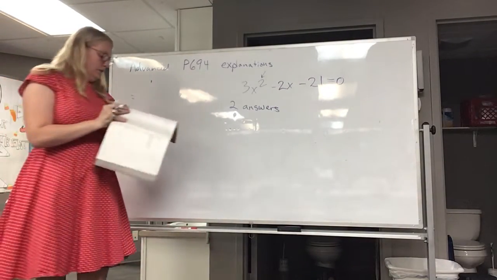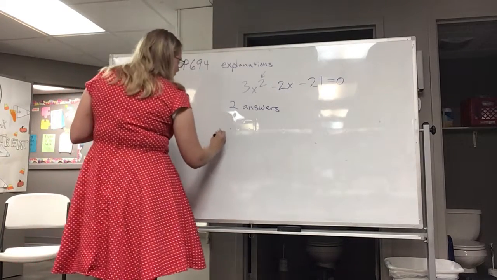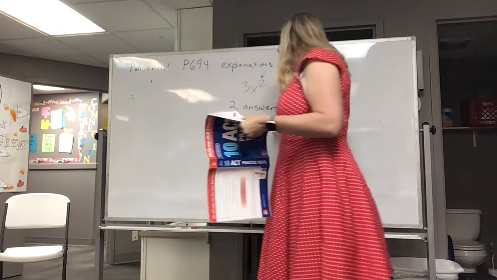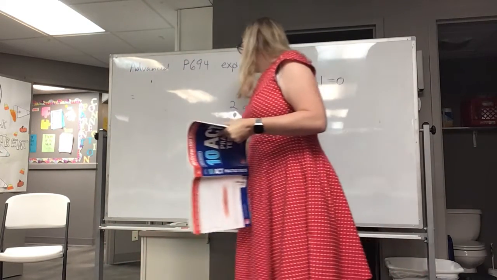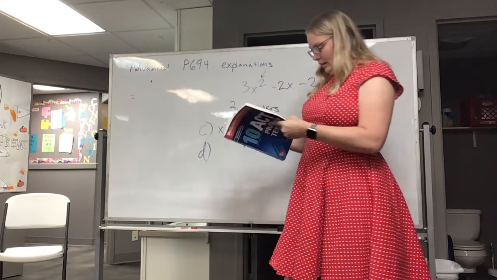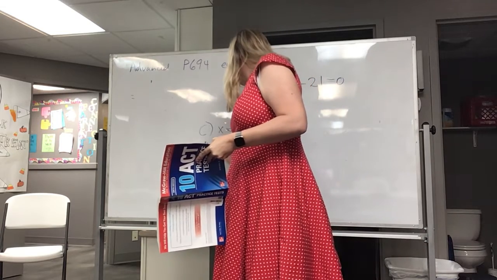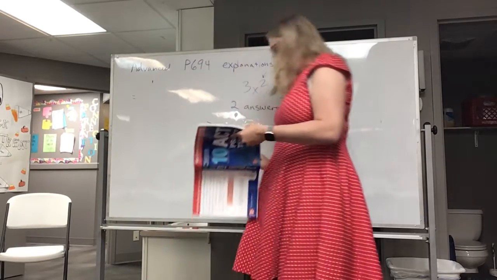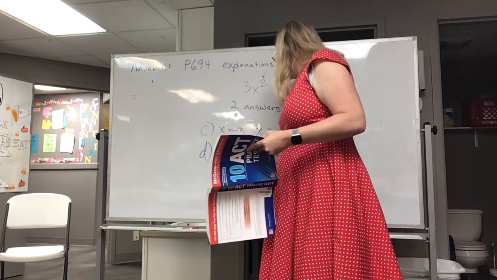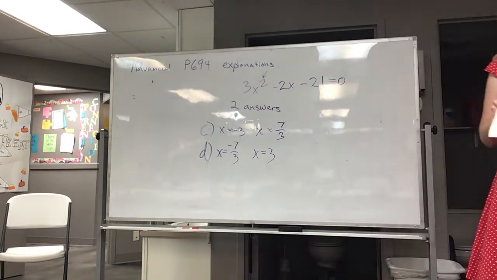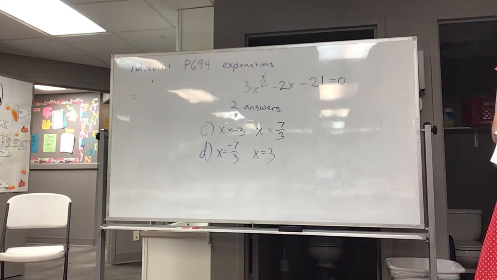And so C is x equals -3 and x equals 7/3. That's C. And D, switching case, sorry about that, is x equals -7/3 and x equals +3. So I would skip the fractions and test the number.